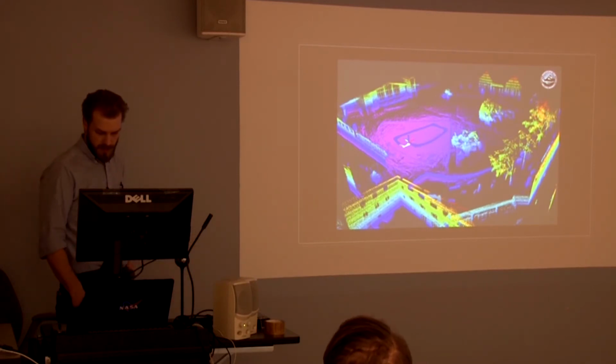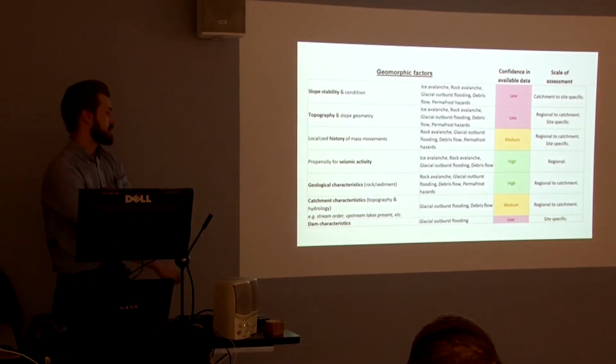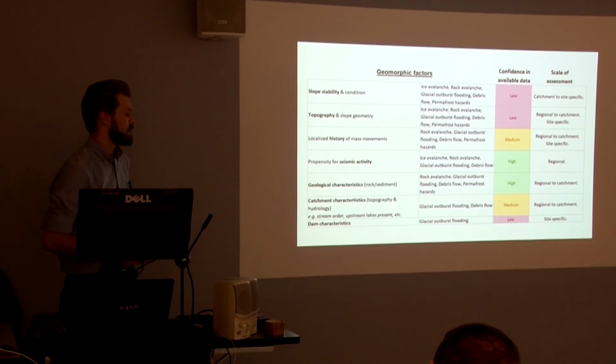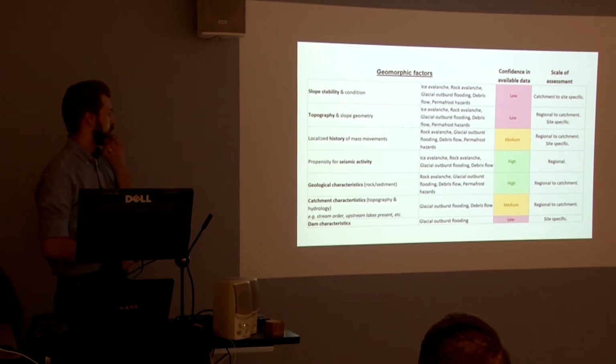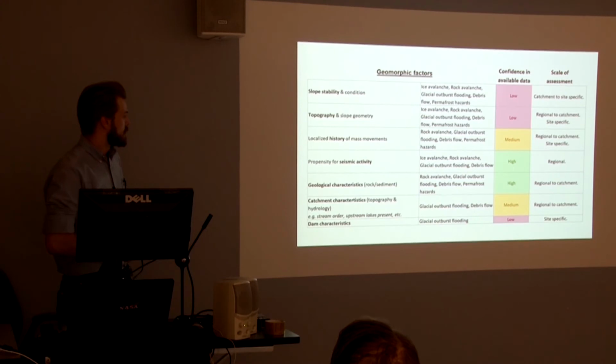One of the goals has been to constrain surface elevation. That was definitely the goal right off the bat, and that's sort of evolving. This is a bunch of text, but the main thing here is that with this system, we'll be able to learn quite a bit about slope stability, be able to constrain topography and slope geometry.